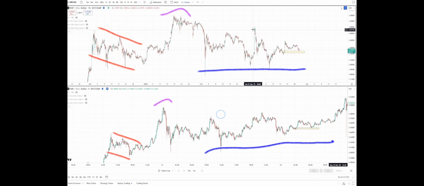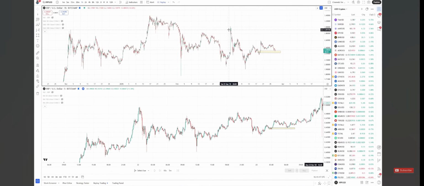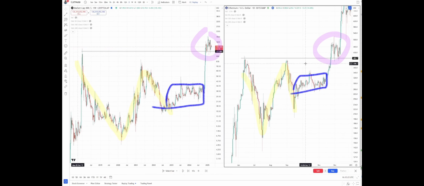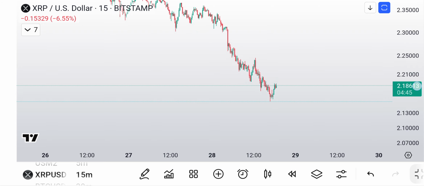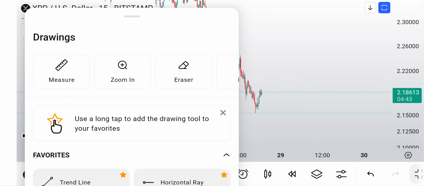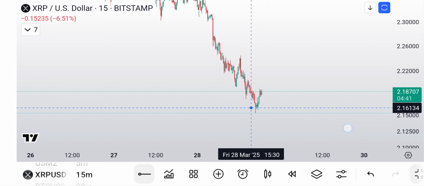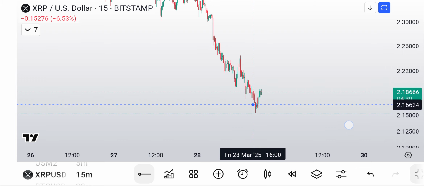Simply because this move here and this move here are a lot alike, in a way. So far, before I got in the video, I got in at 216.62, roughly around there.